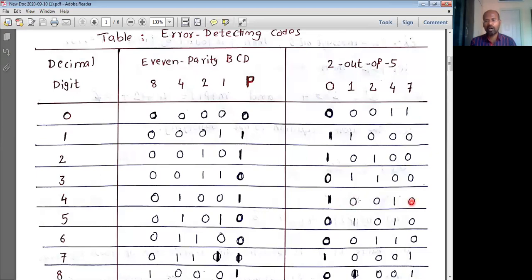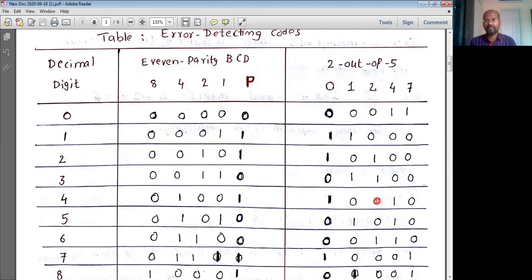11010. Totally how many ones are there at the receiving end? 3, but the receiver knows there should be only 2 ones and the remaining 3 zeros. So this contradicts what the receiver knows. There must be only 2, but instead there are 3 ones.